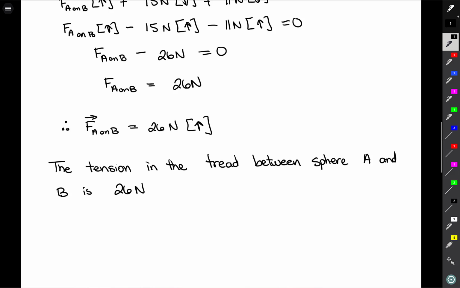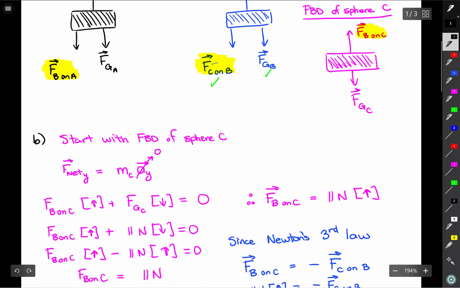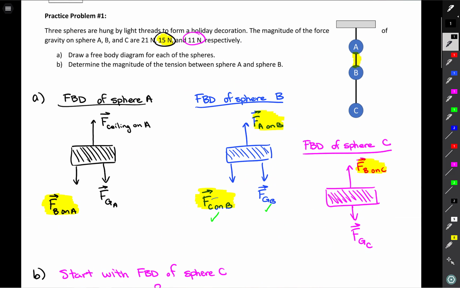Now, I'm going to only identify it as a magnitude simply because if we think about our free body diagrams, for A acting on B, it's directed upwards, but for B acting on A, it's downwards. And these are the same magnitude, but just, again, different directions.